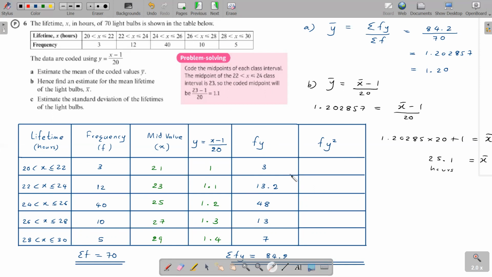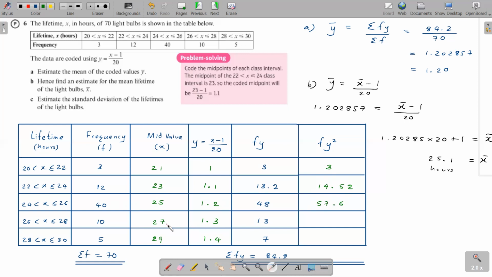Okay, can I have Fy squared? So multiply the frequency with the square of the y value. So 3 multiplied by 1 squared, which is 3. And then 12 multiplied by 1.1 squared, 14.52. And then 40 multiplied by 1.2 squared, 57.6.